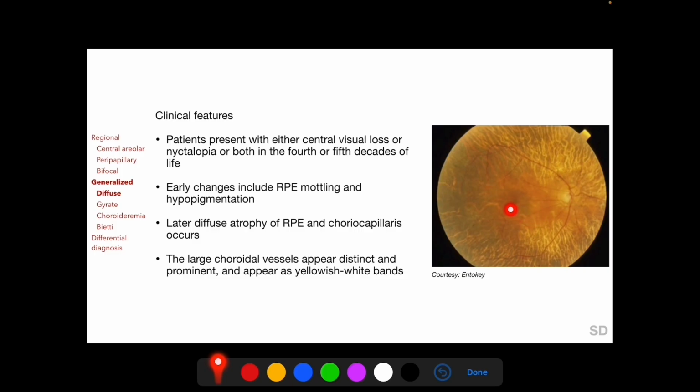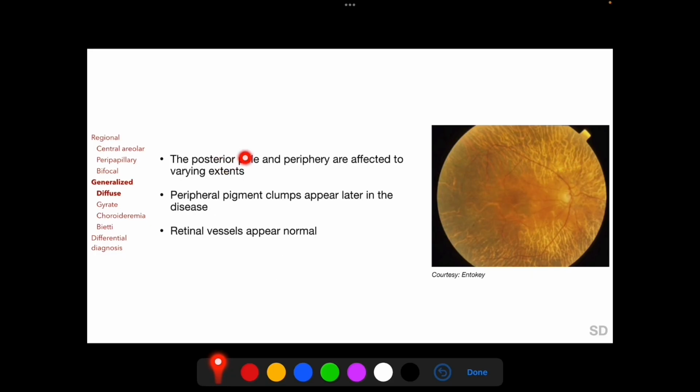The larger choroidal vessels become more distinct and prominent, and some of these choroidal vessels may appear as yellowish white bands. The posterior pole and the periphery are affected to varying extents, and peripheral pigment clumps may appear later in the disease, but the appearance of the retinal vessels remains normal.